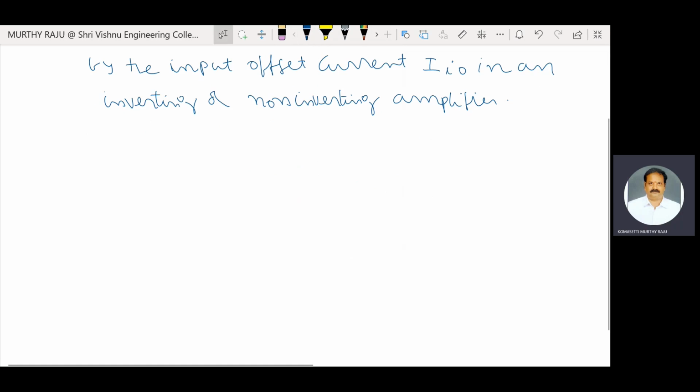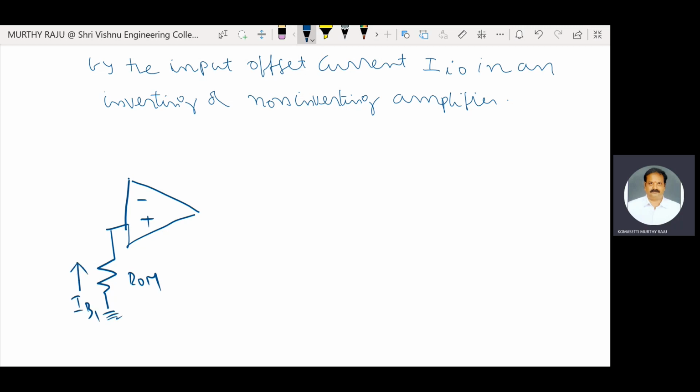First of all, draw the inverting amplifier configuration. This one is the inverting amplifier configuration, with minus and plus terminals. This one is ROM, IB1, VE.